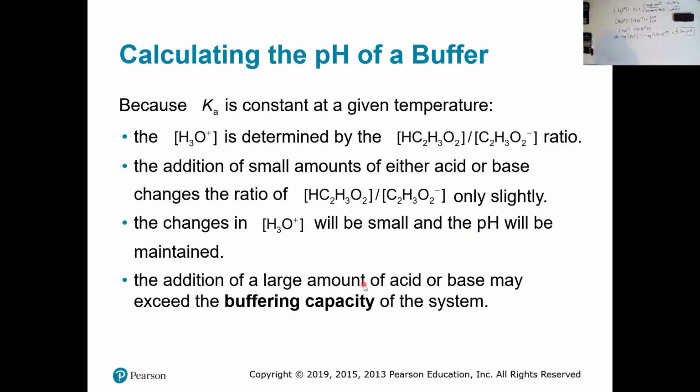But when we add really large amounts of acid or base to a buffering system, this might go past the amount of weak acid and conjugate base that we have. This would exceed the buffering capacity of our system. The buffering capacity refers to the limits of our buffer system. If we pass the capacity, then our system can no longer buffer.